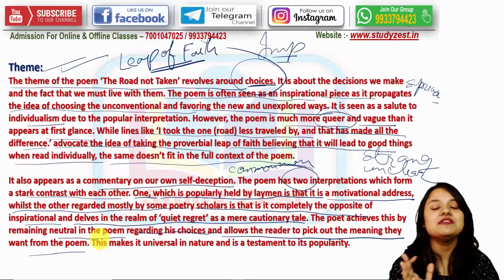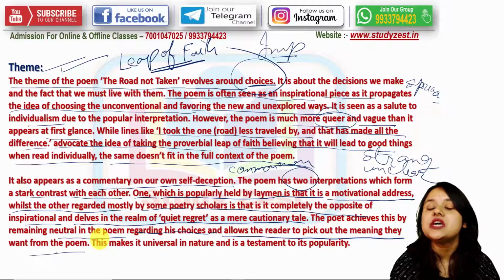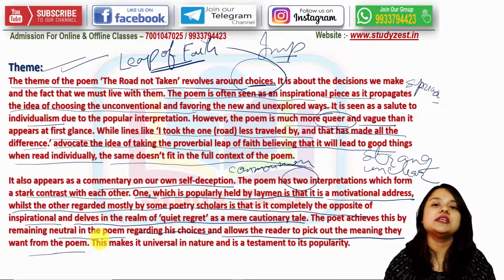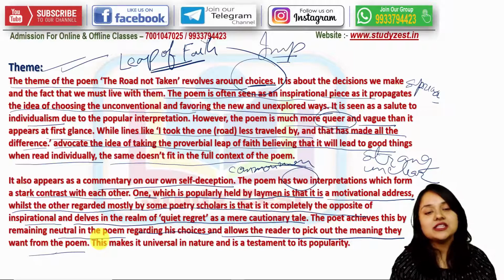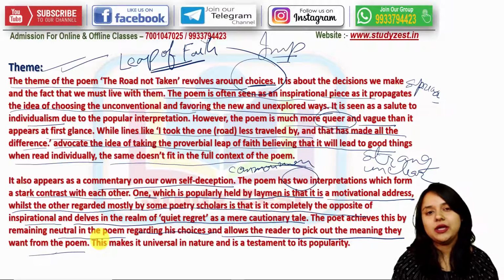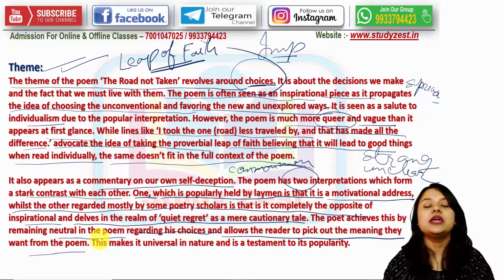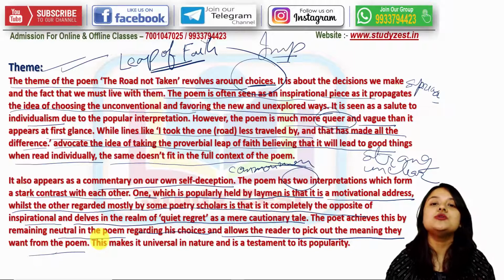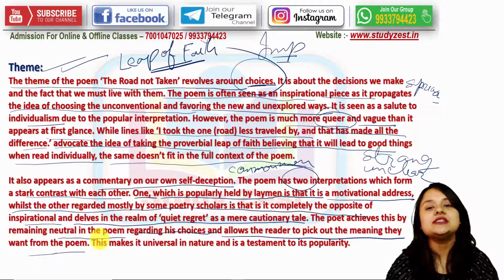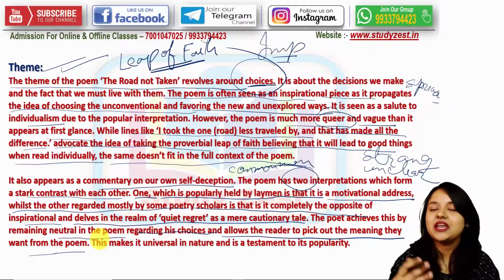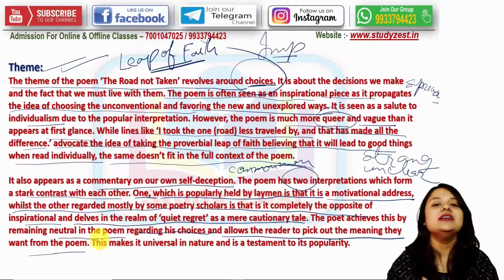He never gives a clear definition of his feelings, or a definitive answer to what had happened to him after he chose the path, but he keeps it open to interpretation for his dear readers. And even today we are reading this poem, and we are obviously interpreting the poem in our own terms.